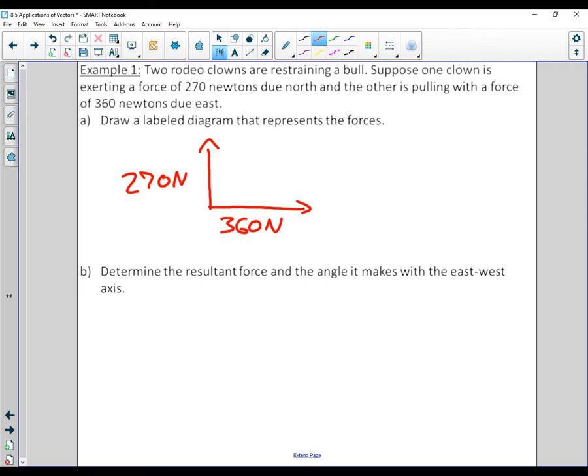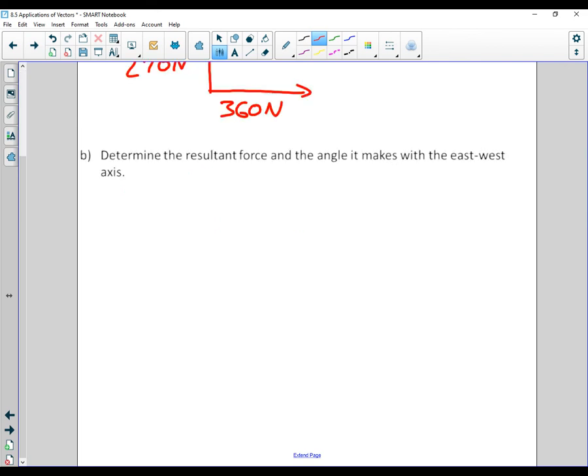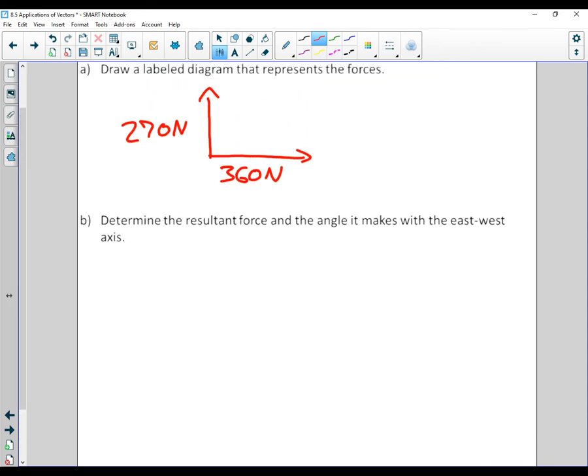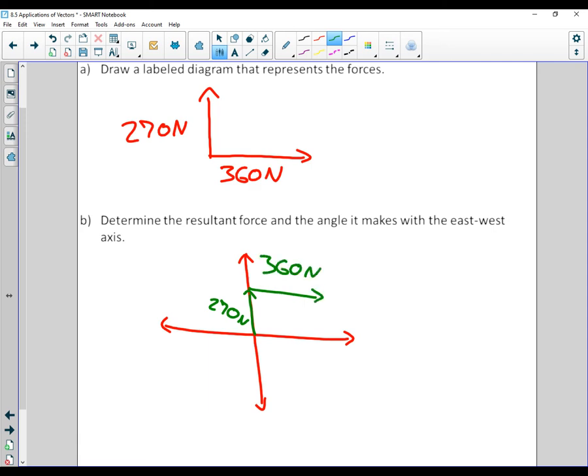Determine the resultant force and the angle it makes with the east-west axis. Well, hey, wasn't resultant just what ends up if you put these two together? I like to think of everything on an axis. We can go 270 up, right? And then if we tip-to-tailed it, we can go 360 there, and then the resulting vector would be this guy, maybe I'll do it in a different color.